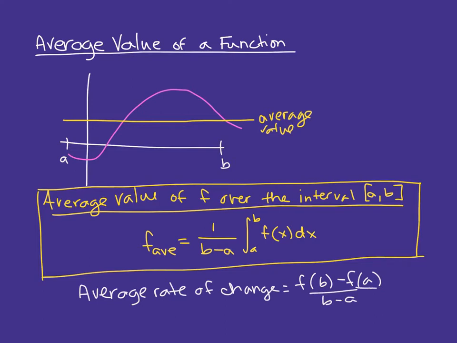It almost looks similar to this, but it is actually a different thing. So please be careful. Make sure you know if they're asking you for the average value or the average rate of change. It's just a few words changed, but it's a different meaning. And I'll actually give you an example of that in just a minute.